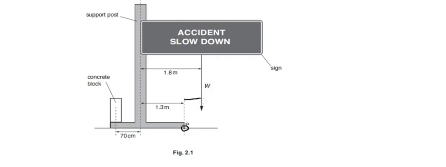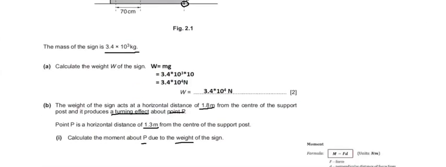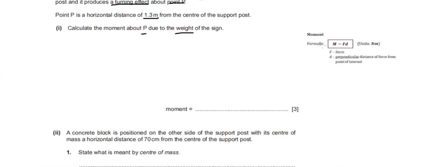So we need basically this distance, the distance of this weight from the point P. So how much is the distance? We can see this is nothing but 1.8 minus 1.3. Then we will get the distance of this weight line from this point P. So the formula of the moment is written over here.